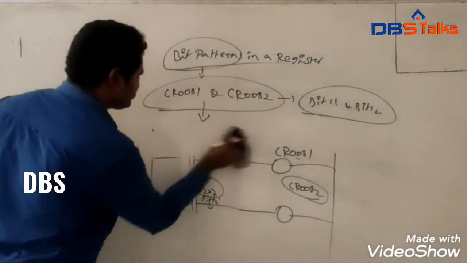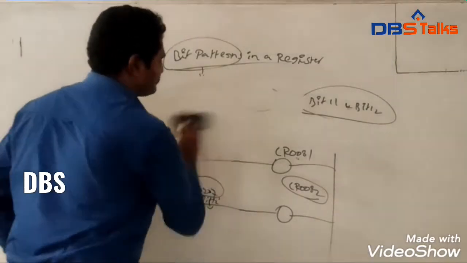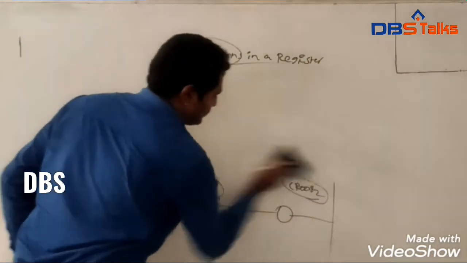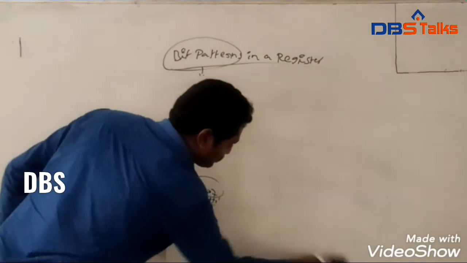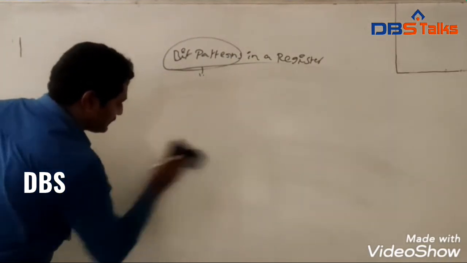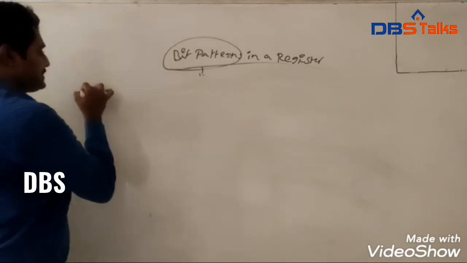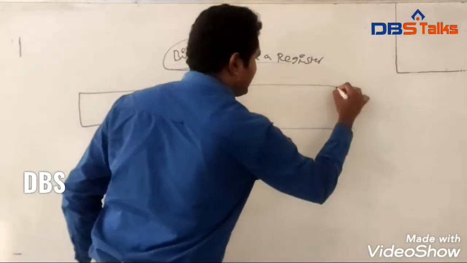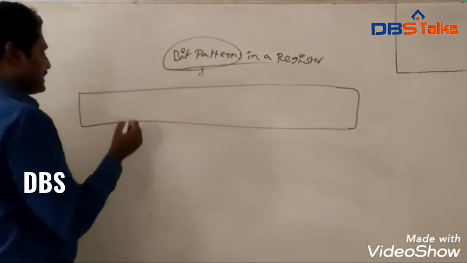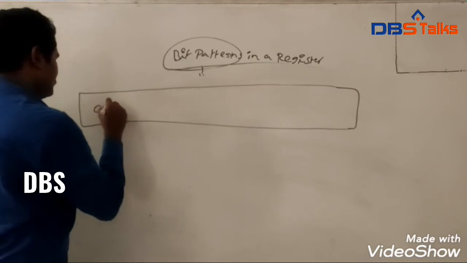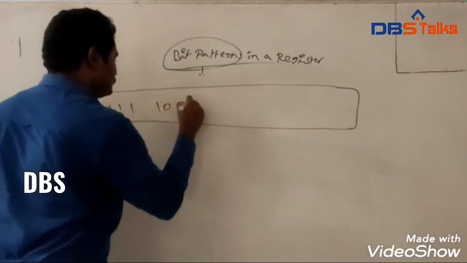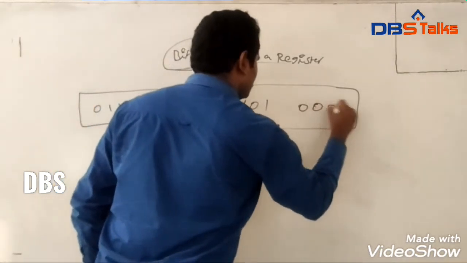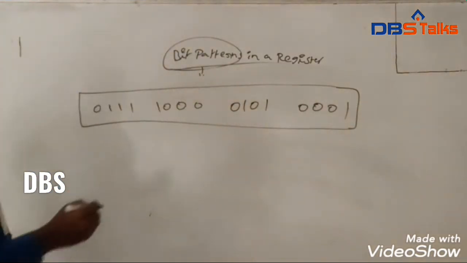And next, in this one I am taking 10 bits to control 10 outputs. Normally I am taking a 16-bit register.